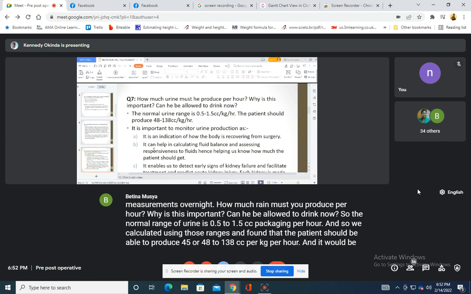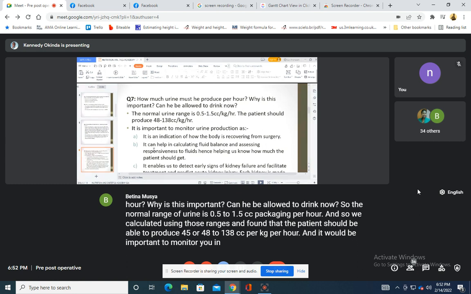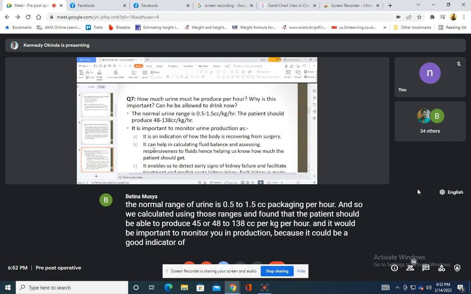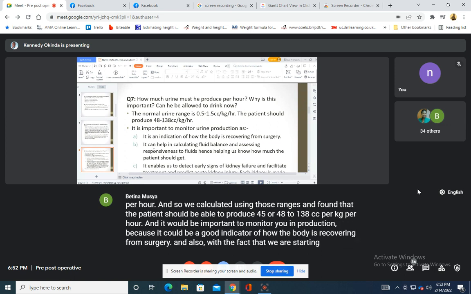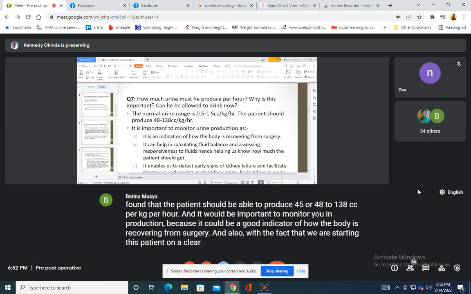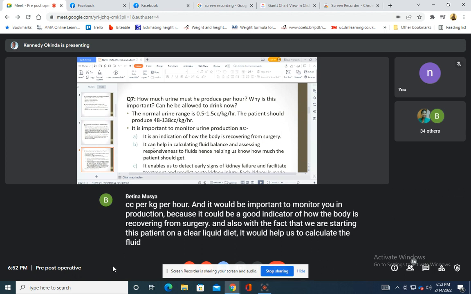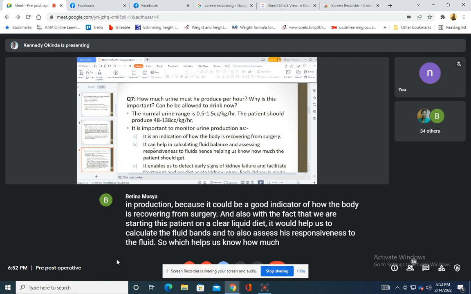It would be important to monitor urine production because it could be a good indicator of how the body is recovering from surgery. And with the fact that we are starting this patient on a pure liquid diet, it would help us to calculate the fluid balance and to assess his responsiveness to the fluid, which helps us know how much the patient should get.